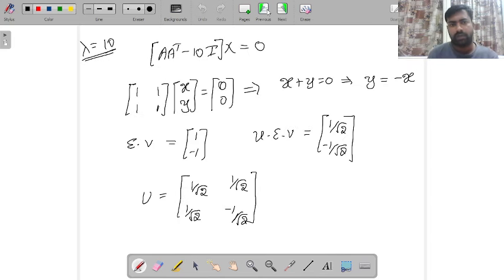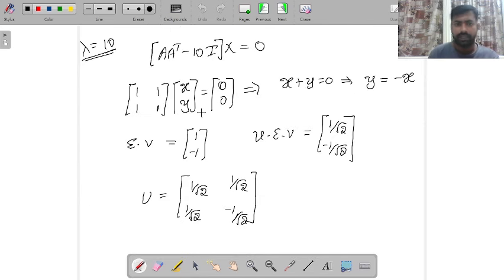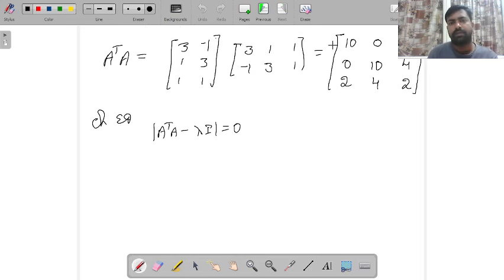See, definitely whatever eigenvalues you got here, that are 10 and 12, you're going to have the same eigenvalues here. But you may have one more eigenvalue extra, that is 0. Okay, let me write the characteristic equation.